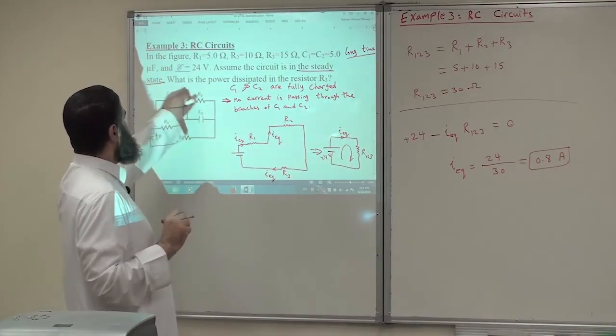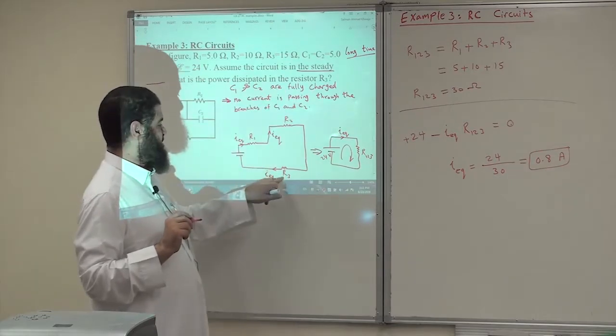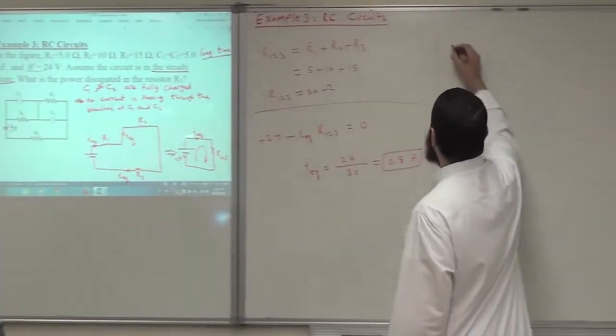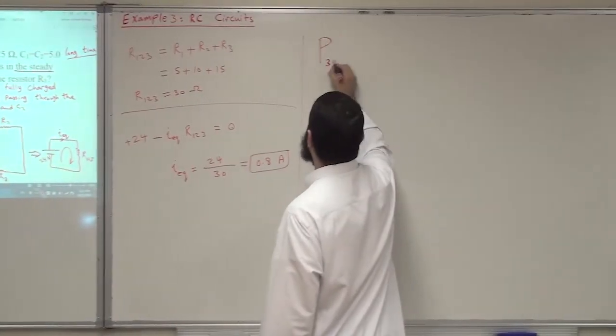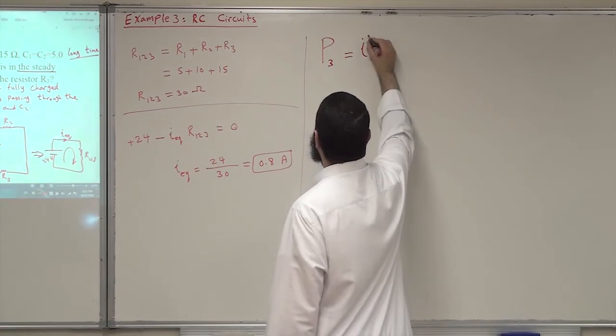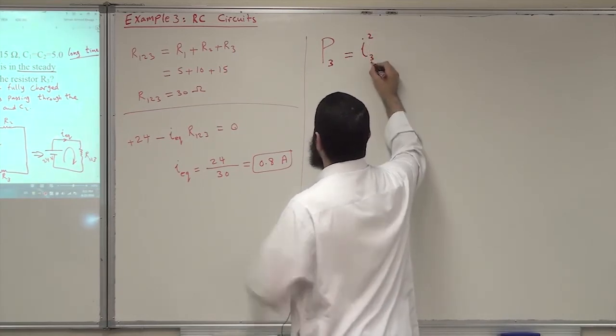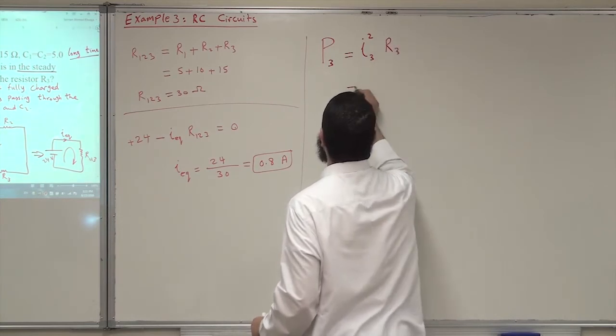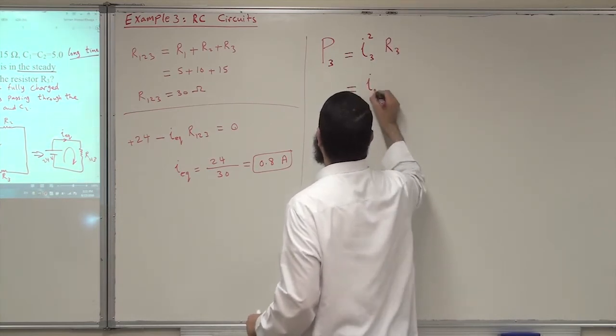So what is the power dissipated in resistor R3? Power in resistor number 3 will be I3, the current passing through resistor number 3, squared multiplied by R3. But the current passing through R3 is I equivalent.